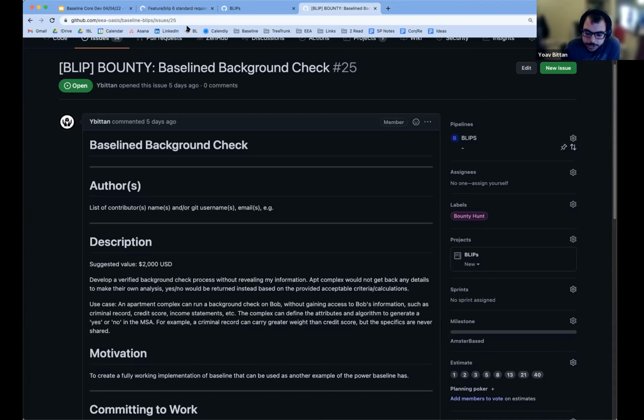And that way they can be sure that they are getting enough of a result of whether or not they should rent, without seeing all of the different data points that are involved in getting that result. Any thoughts from the group on how this is or isn't baselining, or what a prototype or piece of implementation could look like for a group of developers to take on for this?